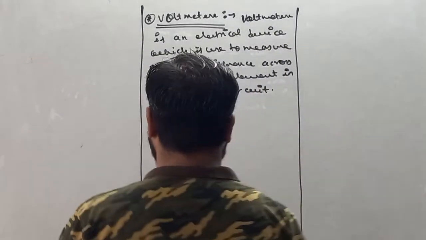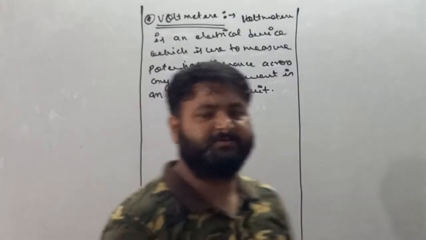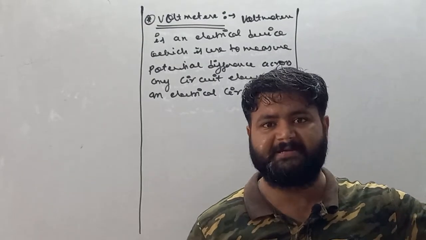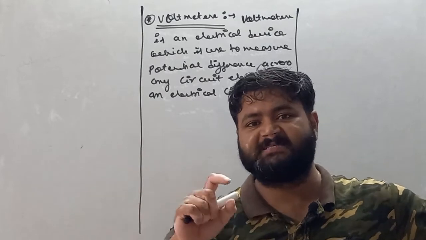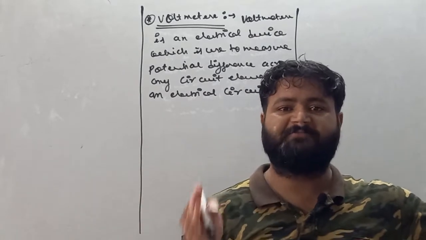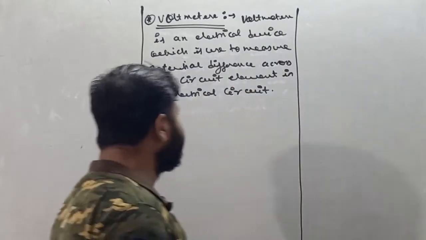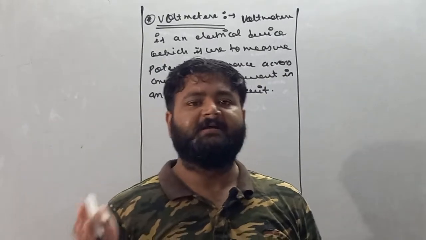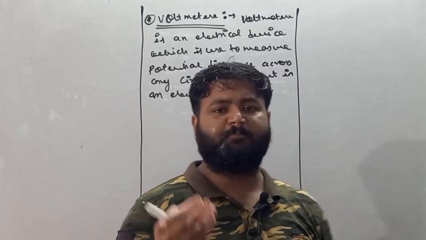Next, my dear student, like the ammeter: if I am talking about the ammeter, then the ammeter is always connected in series. But when we are talking about the voltmeter, then the voltmeter is always connected in parallel in the circuit to measure the potential difference.